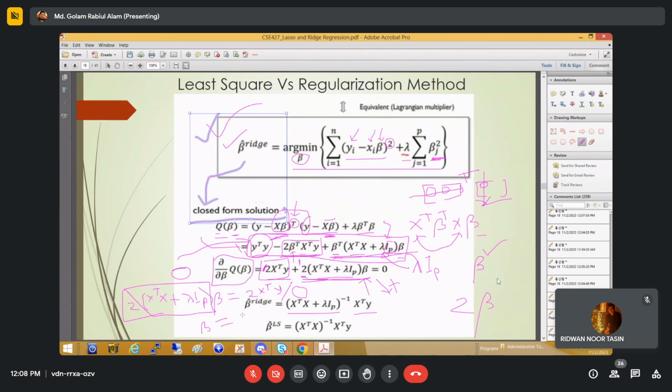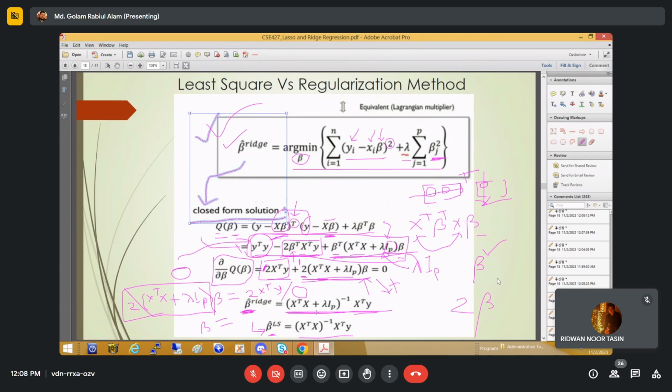So that means we can now find this beta for the Ridge regression using this equation. One thing we also need to remember: for just linear regression using the least square method, we can find the value of beta using the same kind of equation.